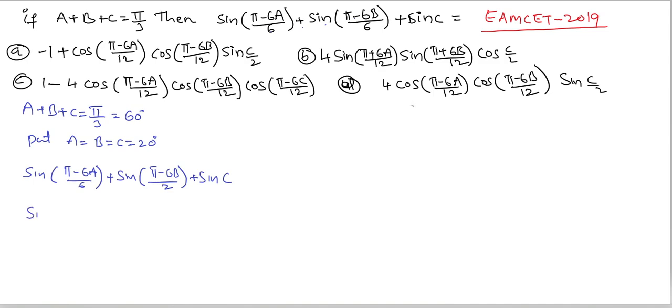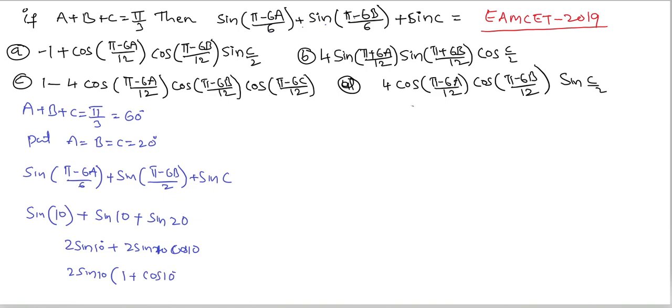Sine of (pi minus 6a), that is 6 into 20, 120, 180 minus 120, 60 by 6, that is sine 10, plus this is also sine 10, plus sine c, that is sine 20, that is equal to 2 sine 10 degrees plus sine 20, which is written as 2 sine 10 cos 10 degrees. Take 2 sine 10 common, that is 1 plus cos 10 degrees. This is the value of the given problem.